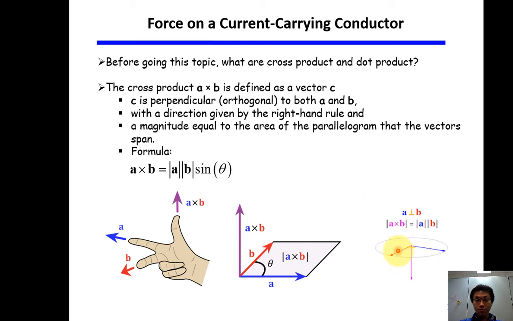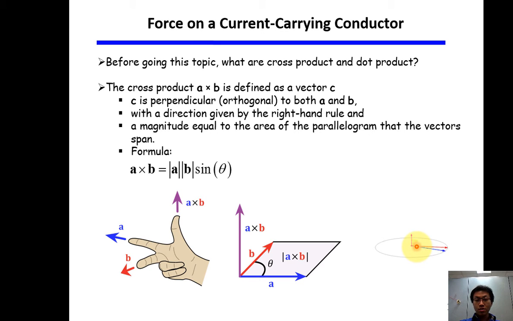So we can see that, for example, this is A and B, and when they are in line, the angle is 0 and sin 0 is 0.